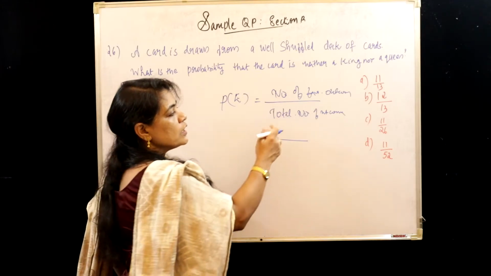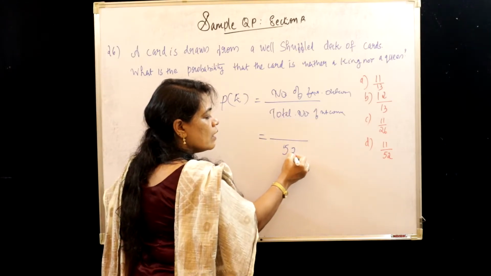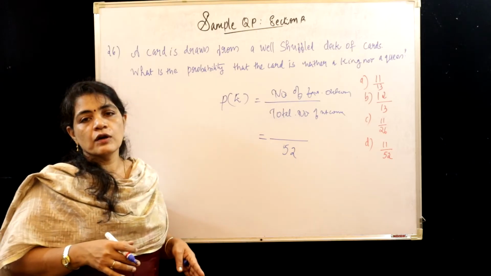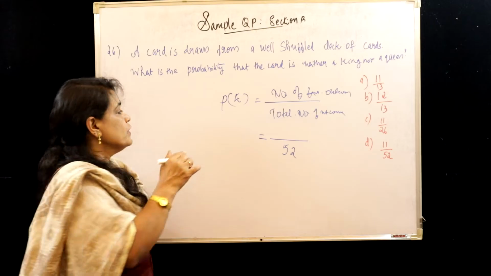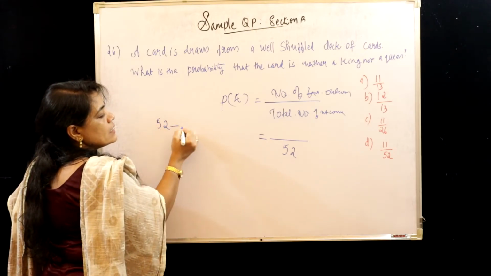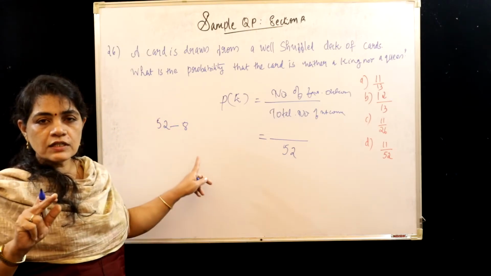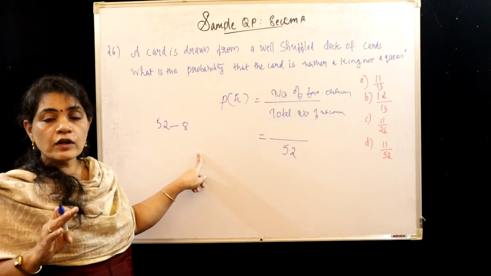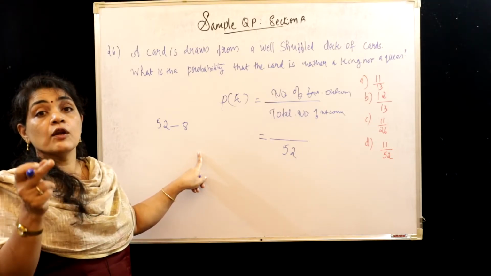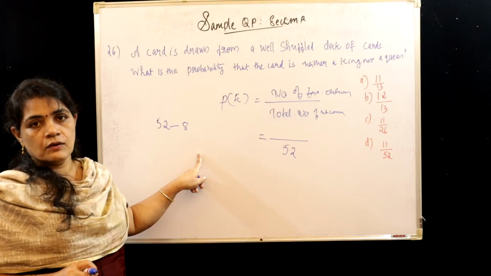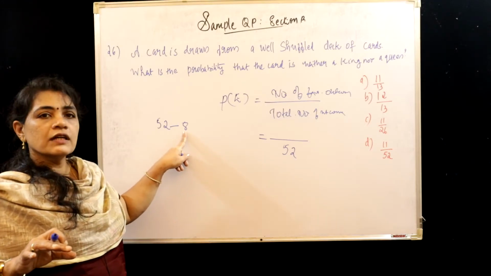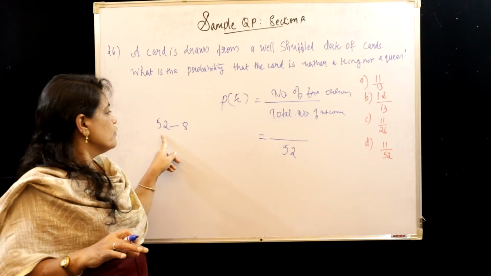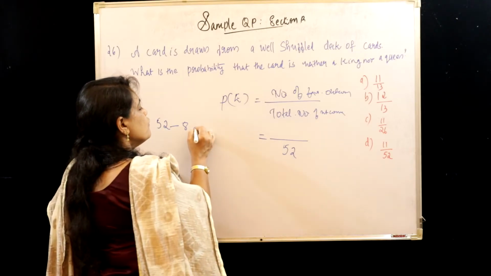So the total number of outcomes is 52, and from this 52 you have to take out those 8 cards. So 52 minus 8. How this 8 comes is clear. There are 4 kings and 4 queens, which cannot be that card. That means that should be subtracted, and this is equal to 44. 52 minus 8 is 44.